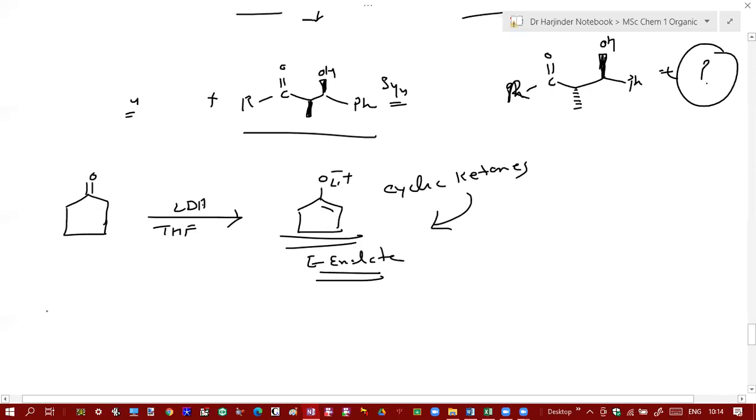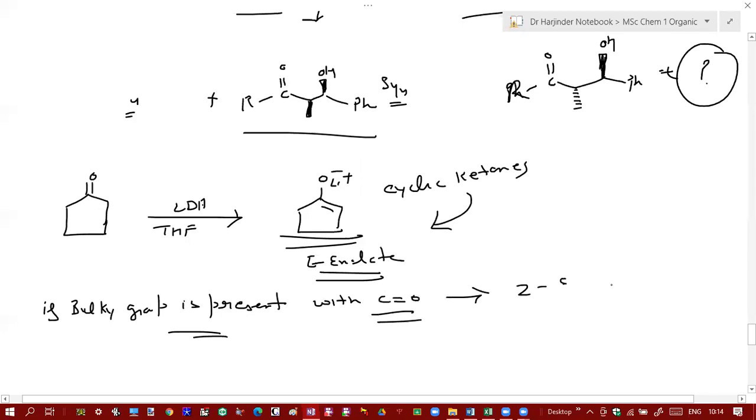On the other hand, if a bulky group is present with the carbonyl group, in that case your enolate is a Z enolate.